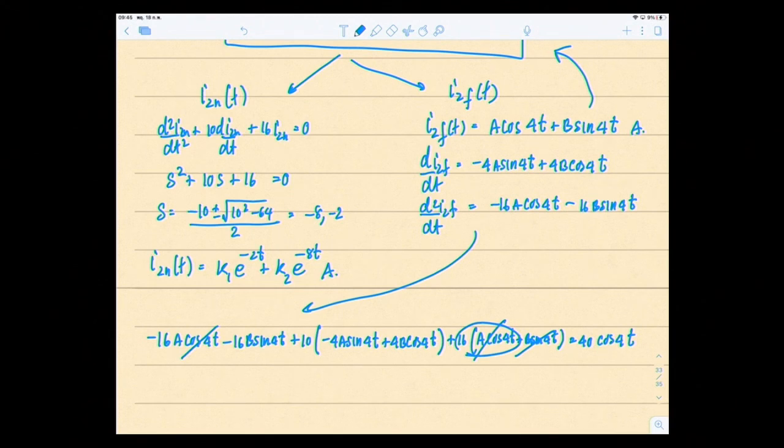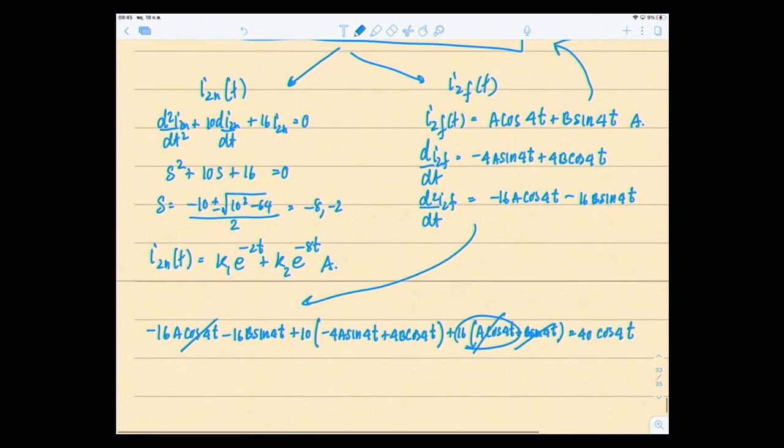So you work it out. Now I'm getting confused too, but when you expand it out, you can cancel it out, so therefore you will get at the end 40b cos 4t - 40a sin 4t = 40 cos 4t.